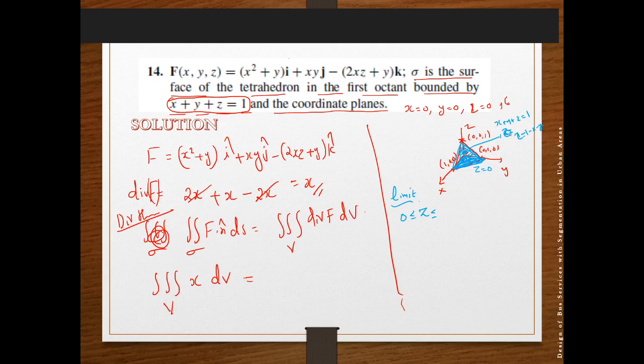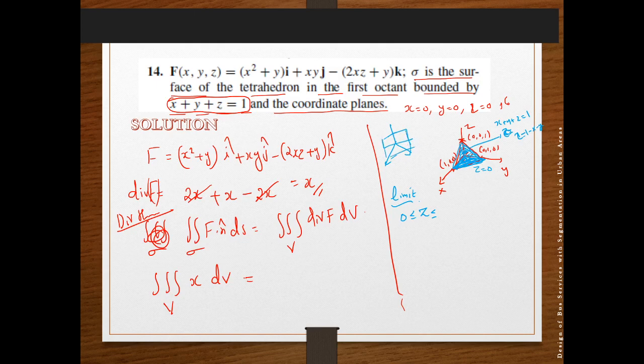Is it 1, or this surface? If it were 1, we would not get this; we would get it like this.